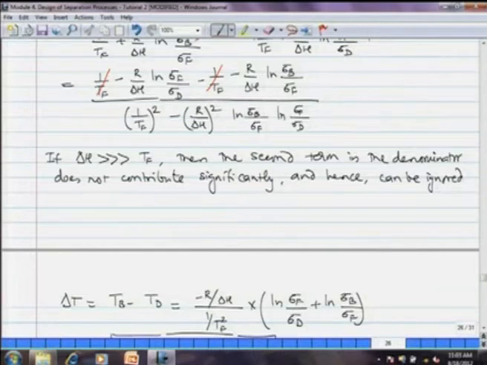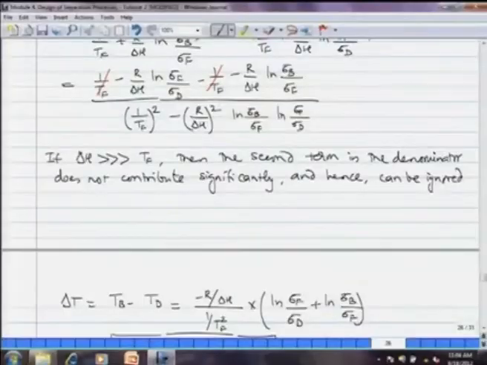If you look at the two terms in the denominator, 1 by Tf square and (R by delta H) square into ln sigma B by sigma F into ln sigma F by sigma D, and see the numerical values, delta H is typically, let us say, 1500 or 2000 kilojoule per kilomole.